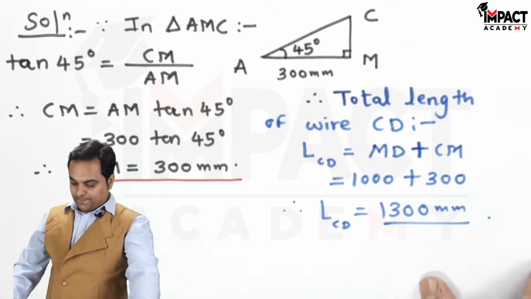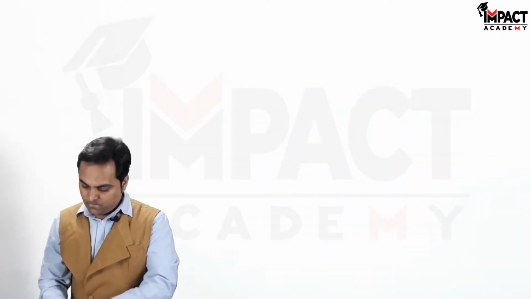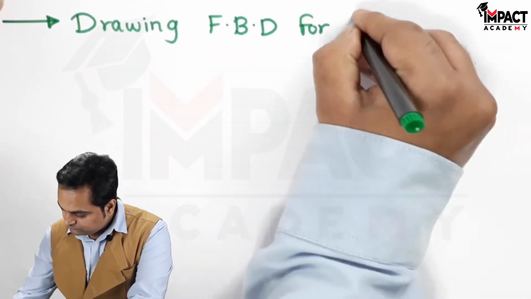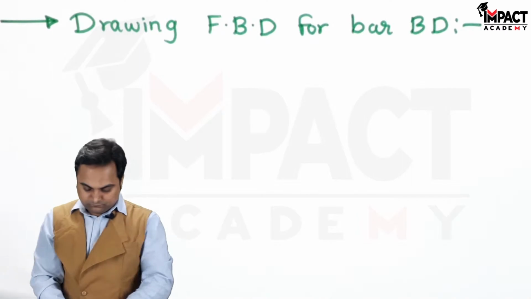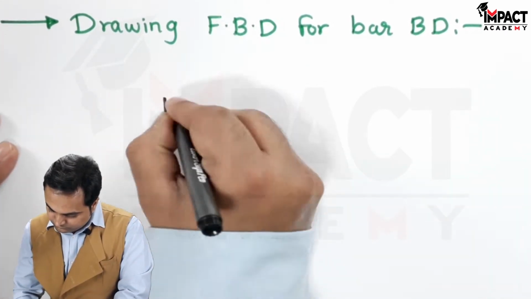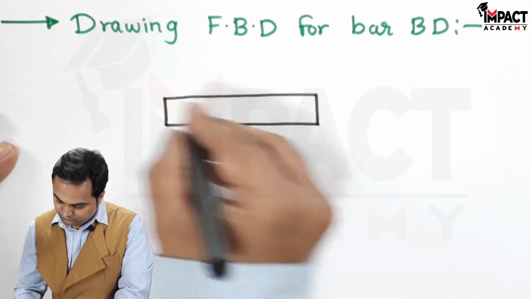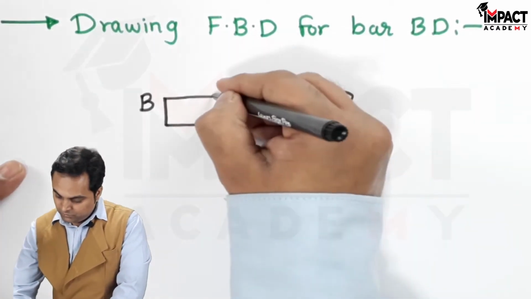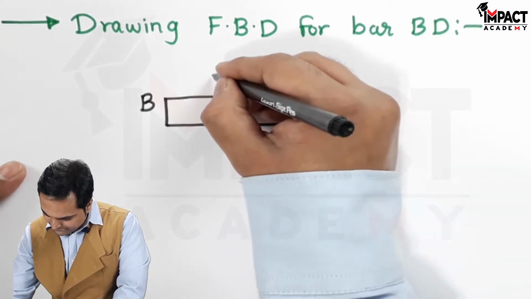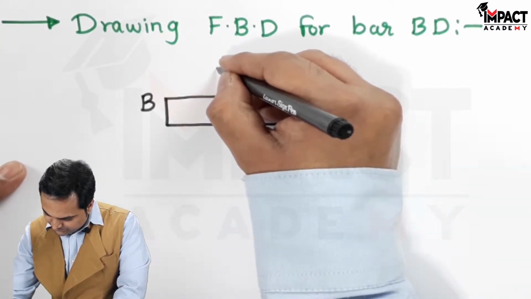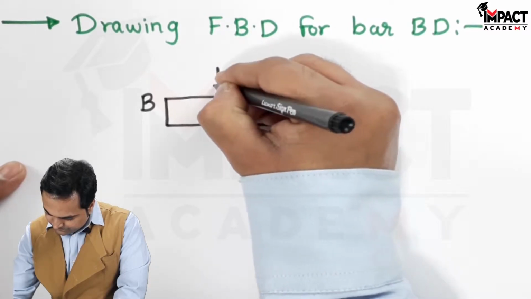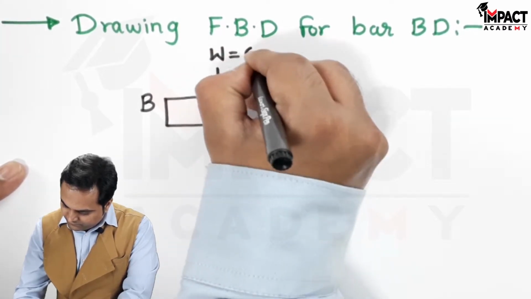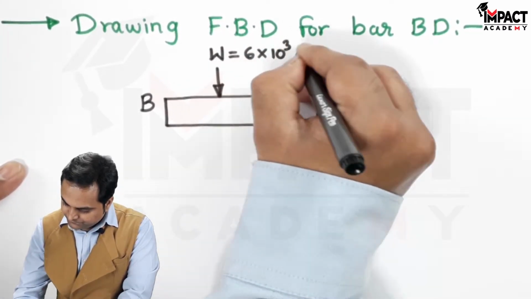So drawing the FBD here, load is acting in the downward direction, value is 6 kilonewton, so it is 6 into 10 raised to 3 Newton.